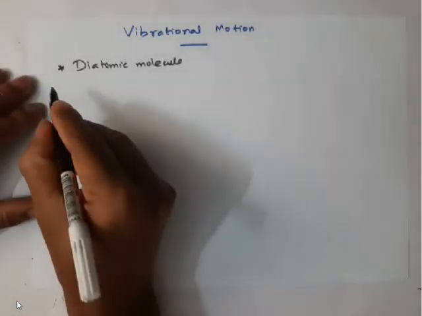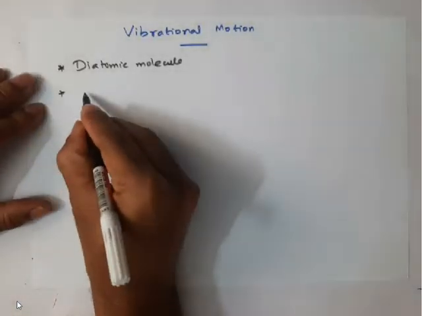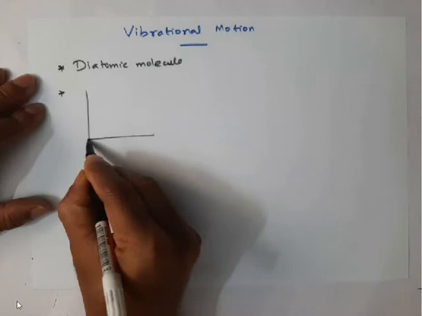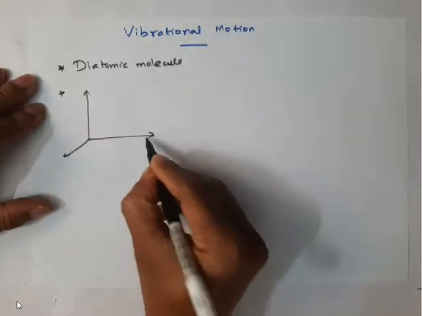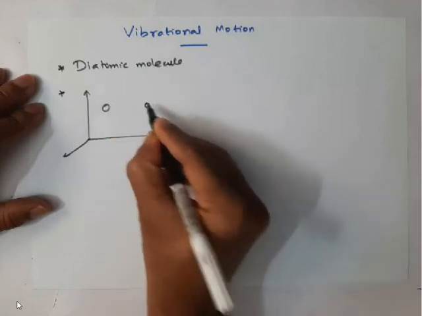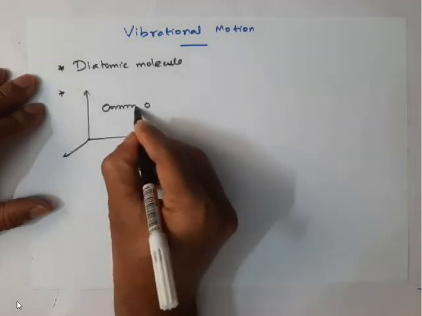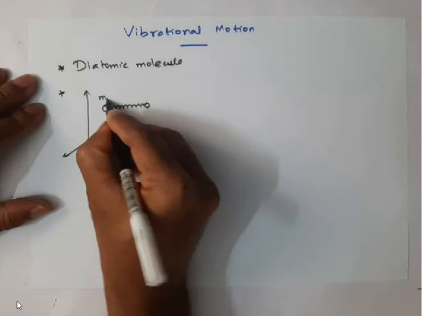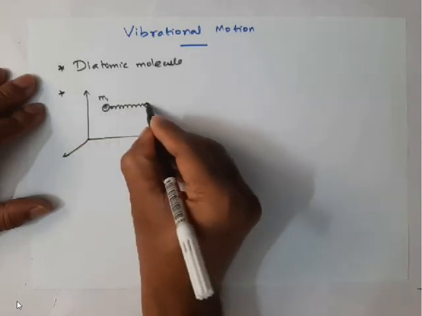Before we proceed, suppose let us take a diatomic molecule. Let this atom have mass m1 and this atom have mass m2.